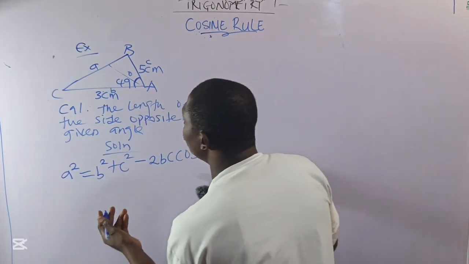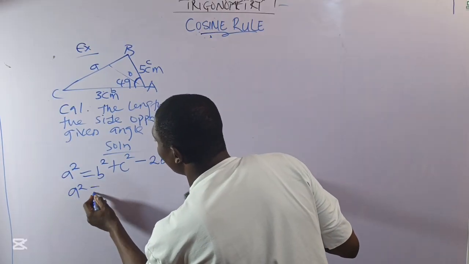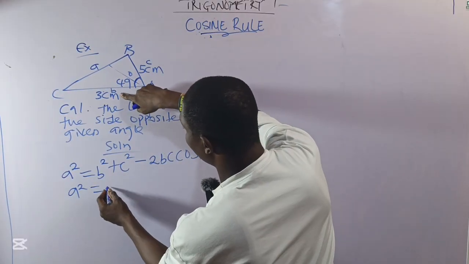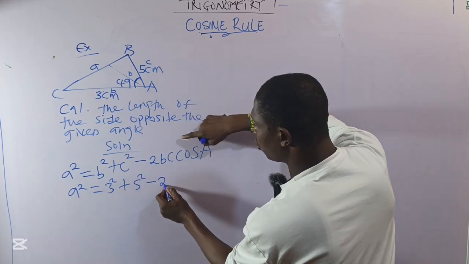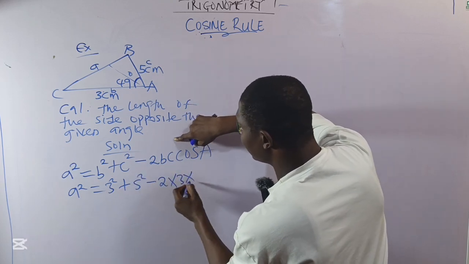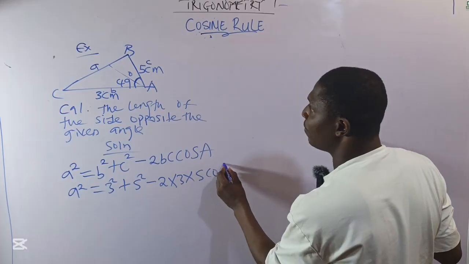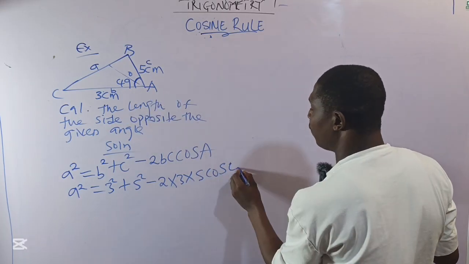So therefore, I'll put my values. My a squared will be equal to, my b is 3, so I have 3 squared plus my c, 5 squared, minus 2 times the value of b, which is 3, times c, which is 5, cos of the angle, 45 degree.